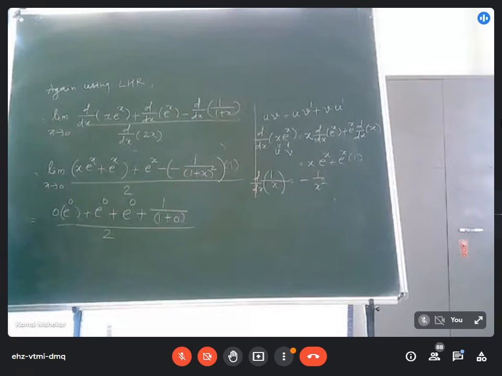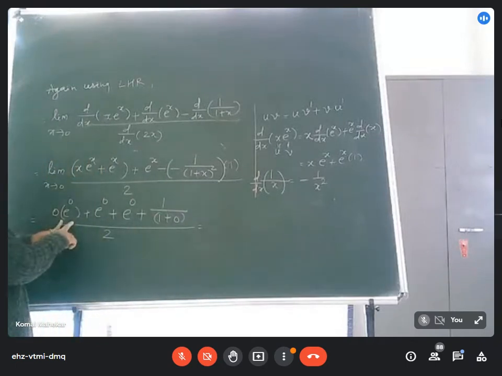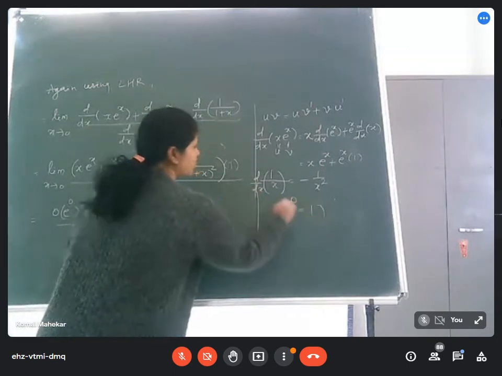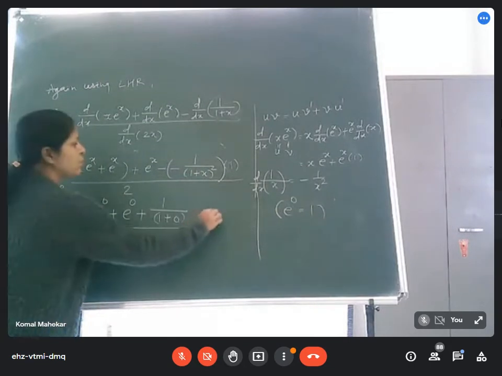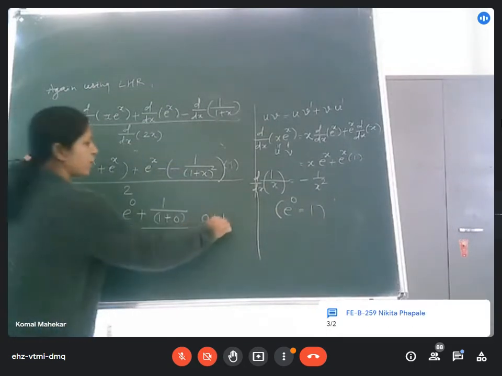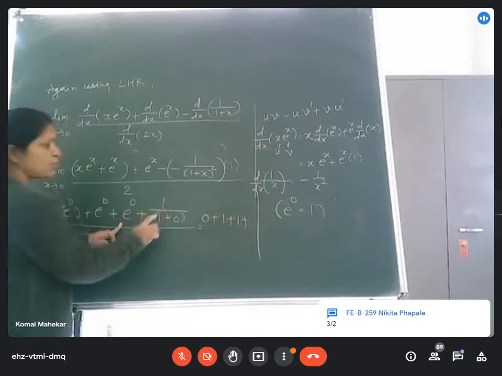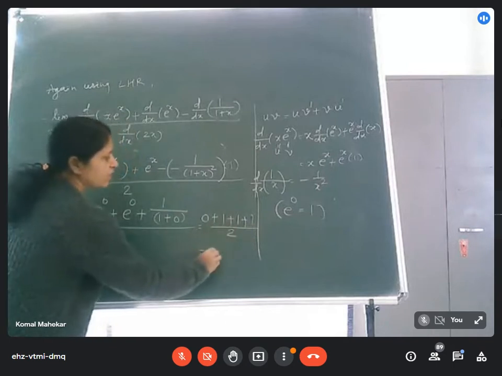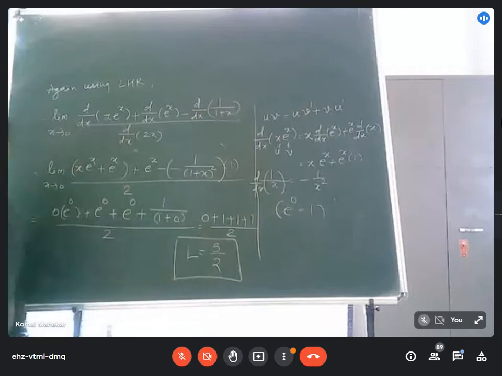And now carry out this calculation. Since we know that e raised to 0 is 1, this value is 1 into 0, that is 0, plus e raised to 0 is 1, plus again e raised to 0 is 1, plus 1 upon 1, that is 1, divided by 2. So that is 3 by 2, and 3 by 2 is the limit of the given function.